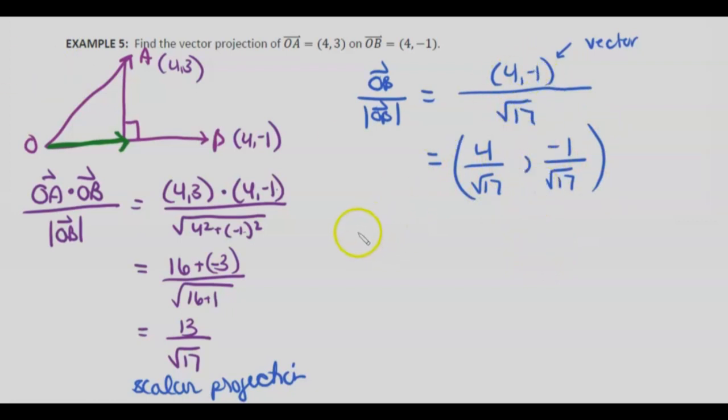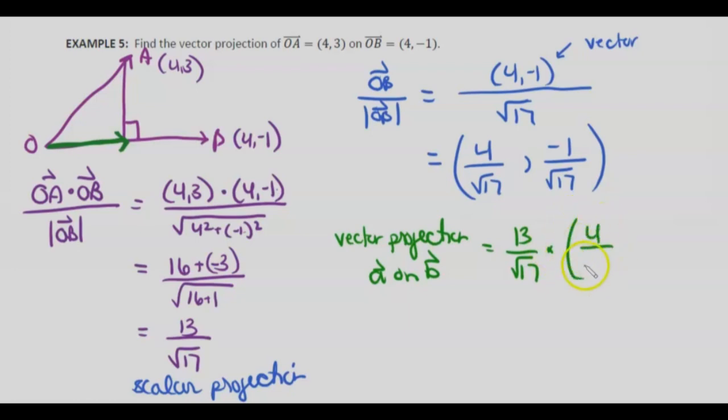So now we can do the vector projection of A onto B. We're going to use this scalar, which is 13 over root 17, and we're going to multiply it by (4 over root 17, -1 over root 17).